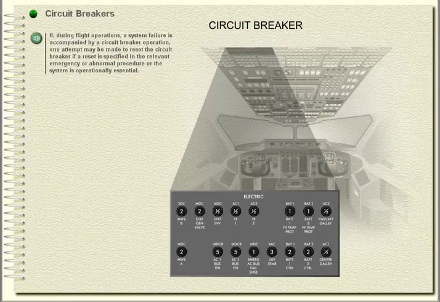If, during flight operations, a system failure is accompanied by a circuit breaker operation, one attempt may be made to reset the circuit breaker if a reset is specified in the relevant emergency or abnormal procedure, or the system is operationally essential.